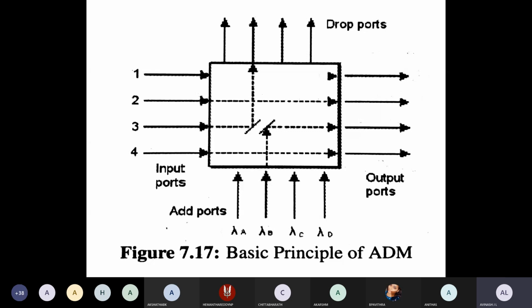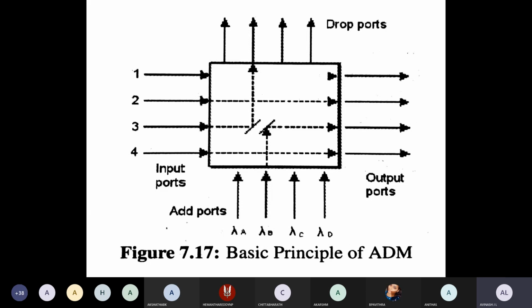So if you have only one channel, it is not a correct thing. However many channels there are, that many input ports, output ports, drop ports as well as add ports must be there. That is exactly the concept here. This is the basic principle of ADM, that is add drop multiplexer.